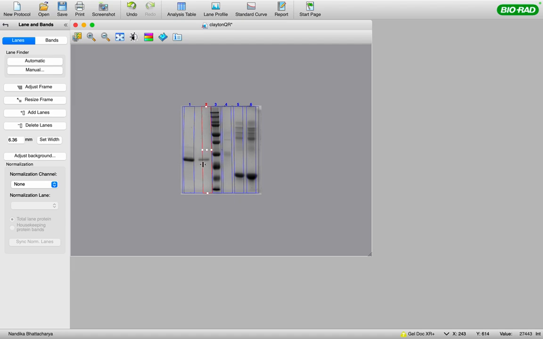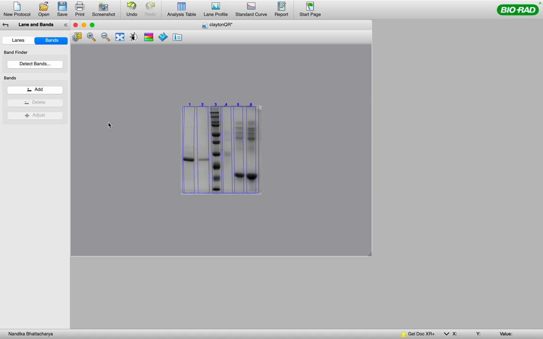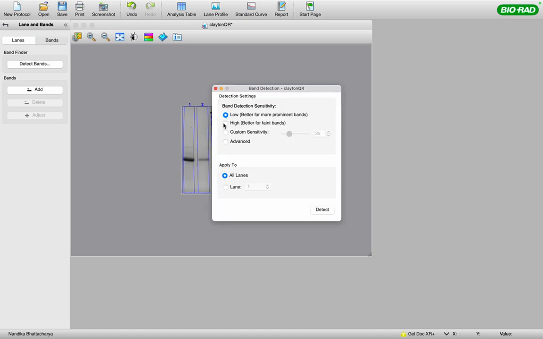This band is not in the middle of this lane, so I'll move this a little. Now it's in the middle. Now I think all the bands are properly in some lane. It's detected 6 lanes, and the third lane has a ladder. That means we're ready to ask it to detect our bands.